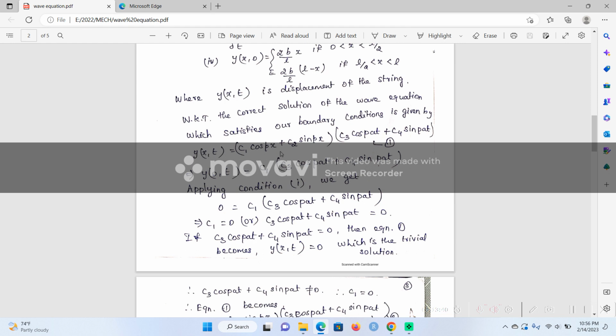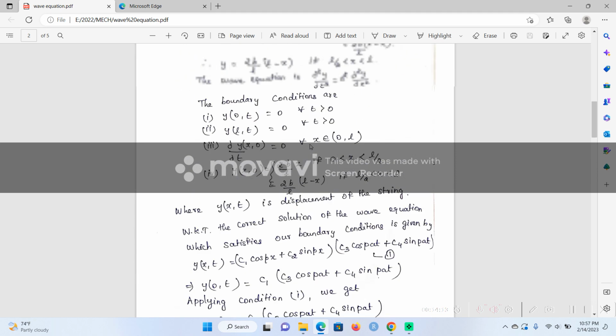If we put x = 0 here, it becomes cos 0. We know the cos 0 value is 1, so this term becomes c1. And then if we put x = 0 here, it is sin 0, which is 0. Therefore this total term vanishes. So the first term becomes only c1, and in the second term there is no x term, so the whole term continues. So this is the y(0, t) value.